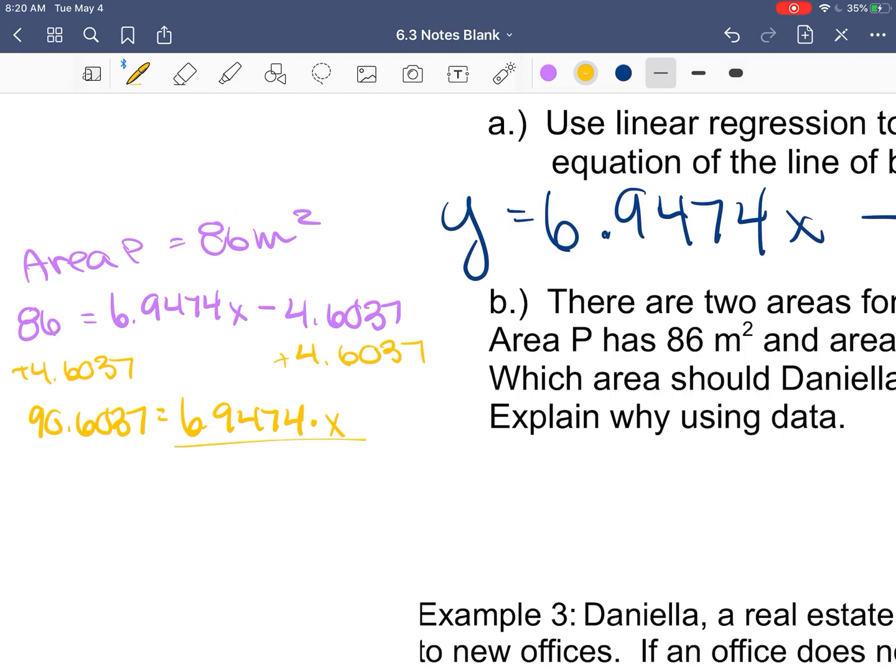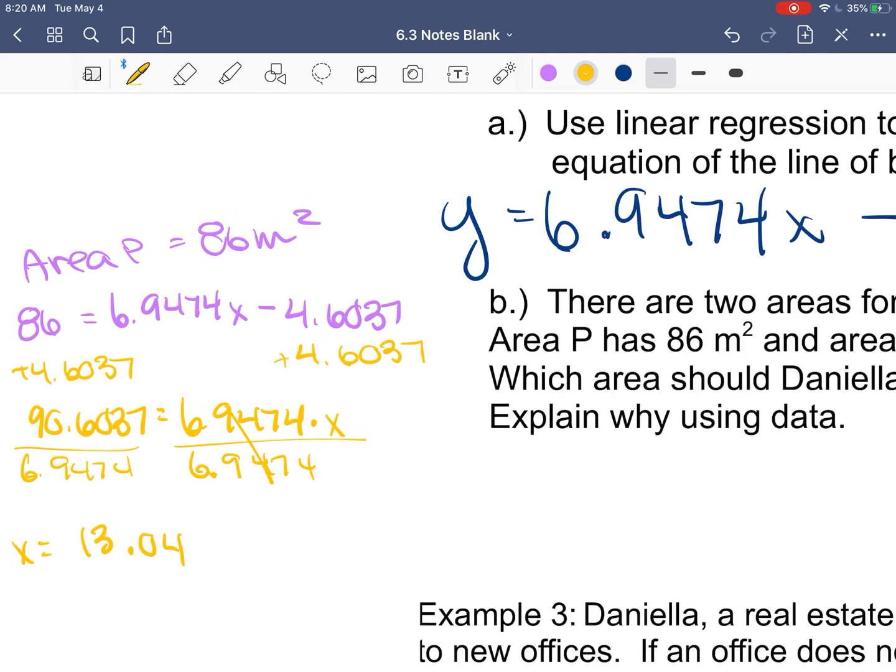Remember that these numbers are multiplied, so I'm going to divide both sides by 6.9474, which gives me 13.04. That is what x is equal to.